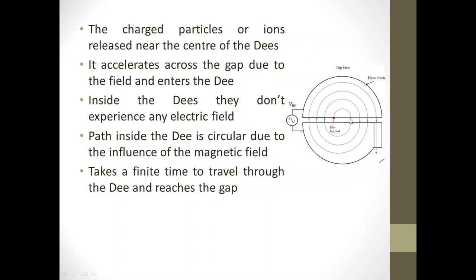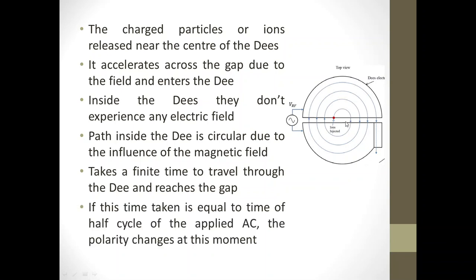So what is done in the cyclotron is, if the time taken by the particle to travel in a semicircular path is exactly equal to half the time period of the applied AC, then what will happen?